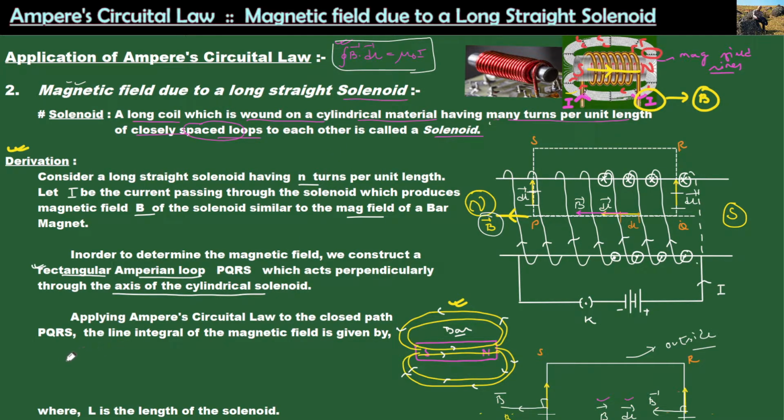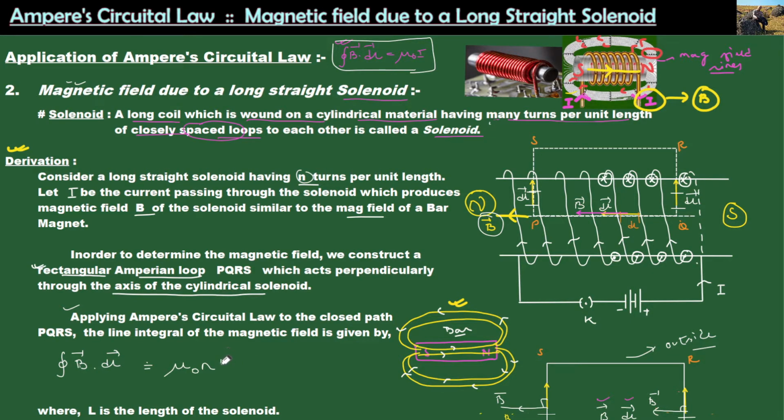Applying it to the closed path PQRS, we have the line integration of B dot dl equal to mu naught I. But since there are n turns of the coil, we will write mu naught n l I.